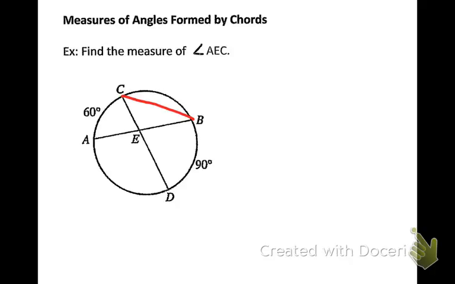Okay, well, I know that angle B is half of arc 60, right? So angle B would be 30. So we have angle B equals 1/2 of 60 degrees, which is equal to 30 degrees.